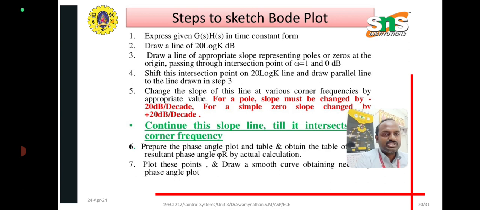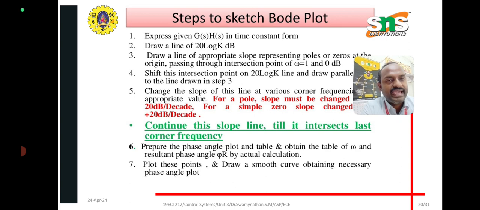Next, change the slope of this line at various corner frequencies by the appropriate value. For a pole the slope must be changed by minus 20 dB, for a zero by plus 20 dB, for example 0 slope means changed by plus 20 dB per decade. So continue this slope line till it intersects the last corner frequency.